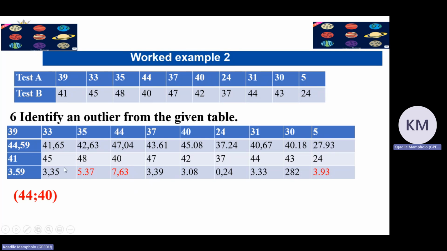This point where test A is 44 and test B is 40 is an outlier because there is a greater difference between the estimated test B mark and the actual test B mark, which is the 7,63. So that is why I will say 44 and 40 will be an outlier.